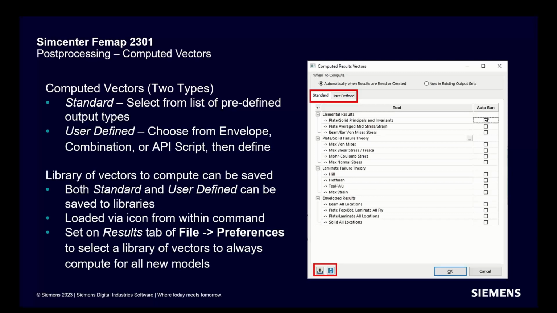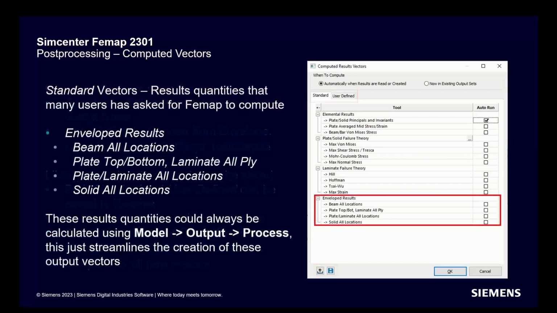So for example, if you do this all the time and you get really tired of coming into this dialog and setting it up, I think you can save how you've set it up for loading it in later. And you can also go into the preferences dialog in Femap and map to that file so that you don't have to keep going into this dialog and loading it in every time.